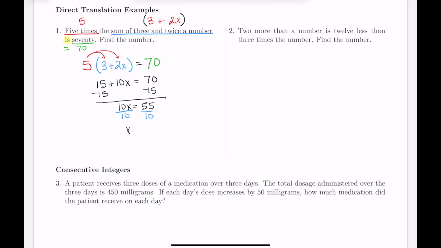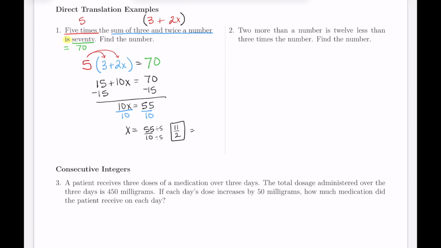And that's how I get x is equal to, now this seems like it's not a very nice number, and that's okay. It's not going to be an integer. So 55 over 10, I've got to ask myself, what goes into both of those? I know that 5 does, so I'll divide the top and the bottom by 5. This will become 11 over 2. This is a perfectly acceptable answer. If you take 11 and divide it by 2, you'll get 5.5. This could also be written as 5 1/2 if you wanted to write it as a mixed number.